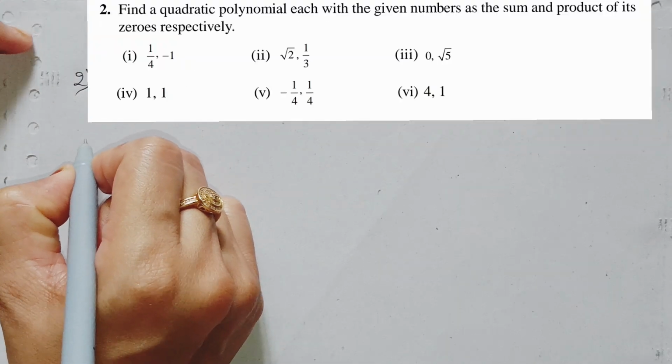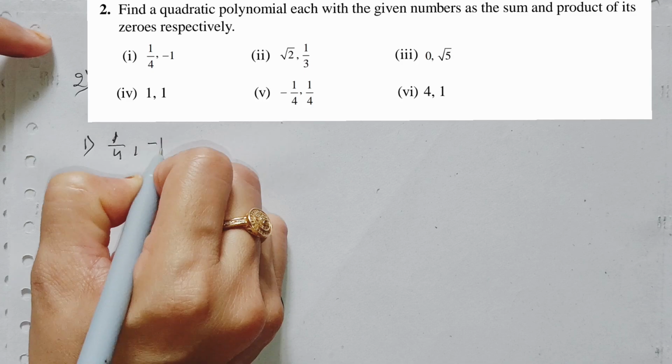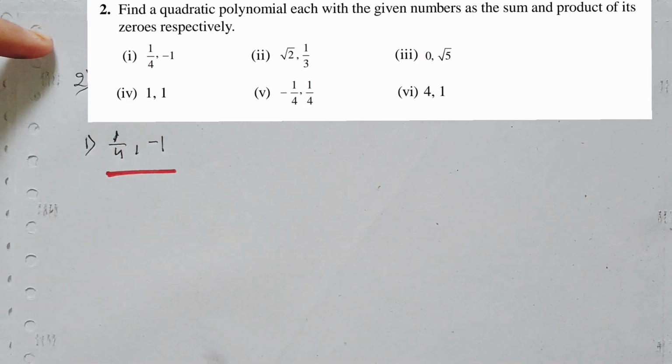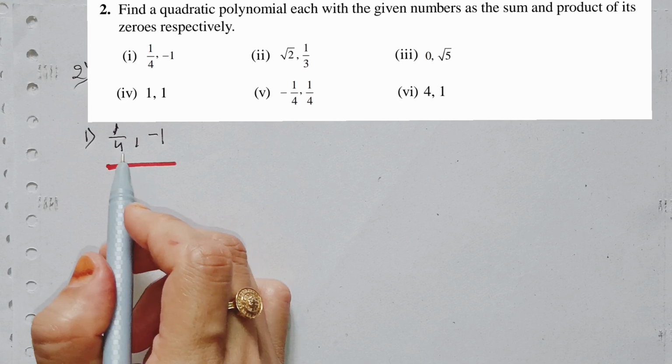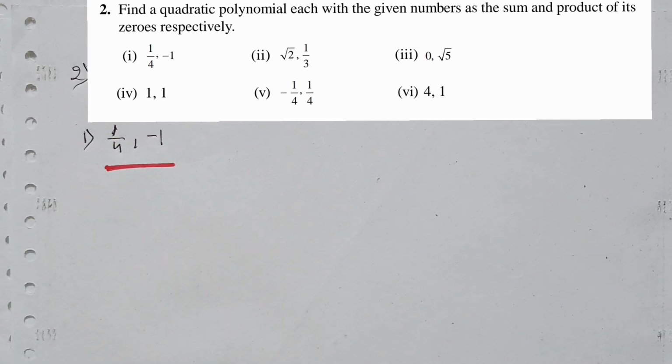So in this first one, what is given? 1 by 4 comma minus 1. These are the zeros of the polynomial, which means the sum of zeros is this and the product of zeros is this.